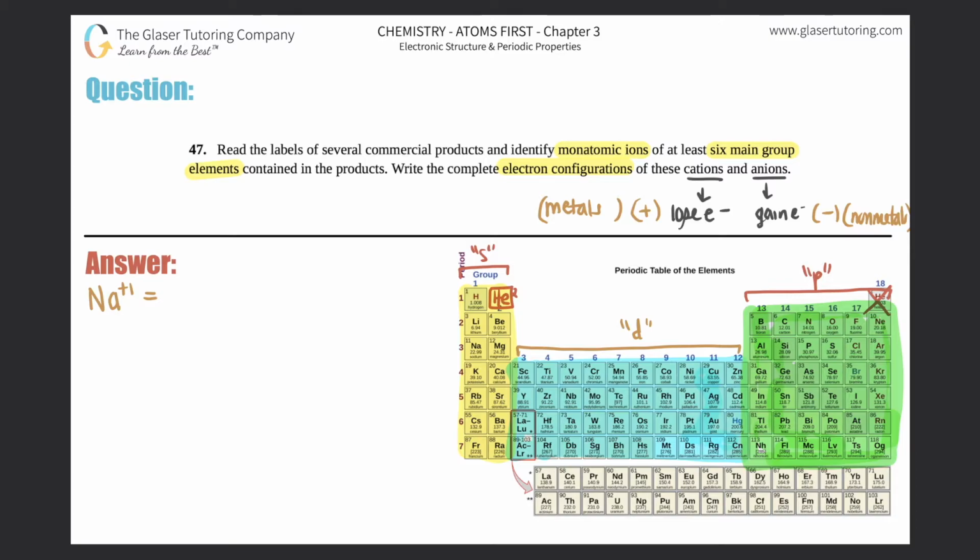Now, how do you do electron configurations for either anions or cations? The first thing you're going to do is find the electron configuration for the element without charge. So you pretend that there's literally no charge and you do the electron configuration as if it didn't have a charge.